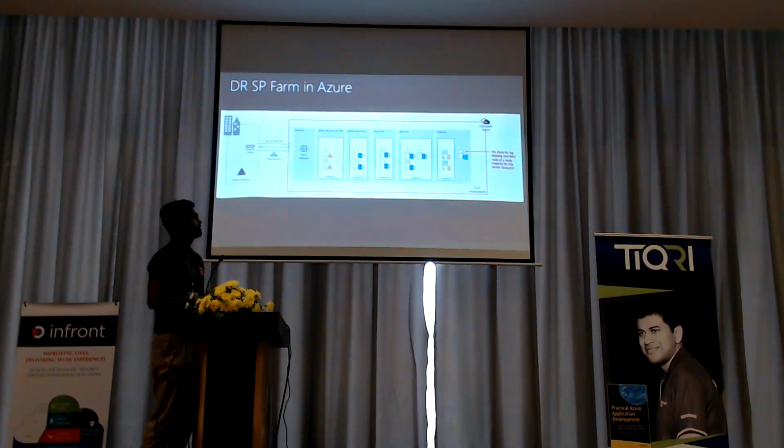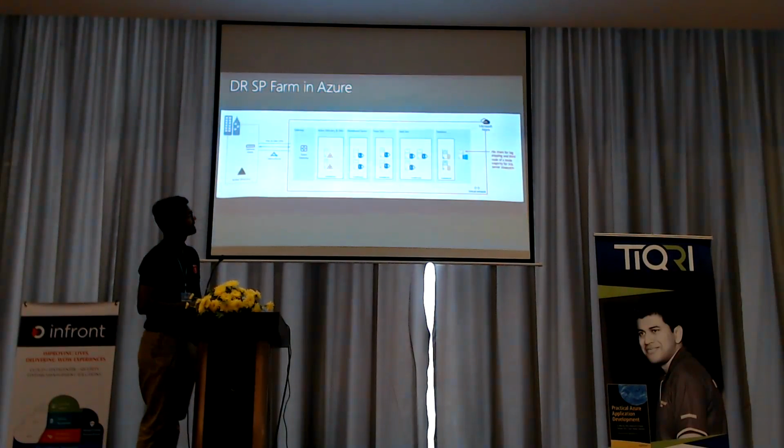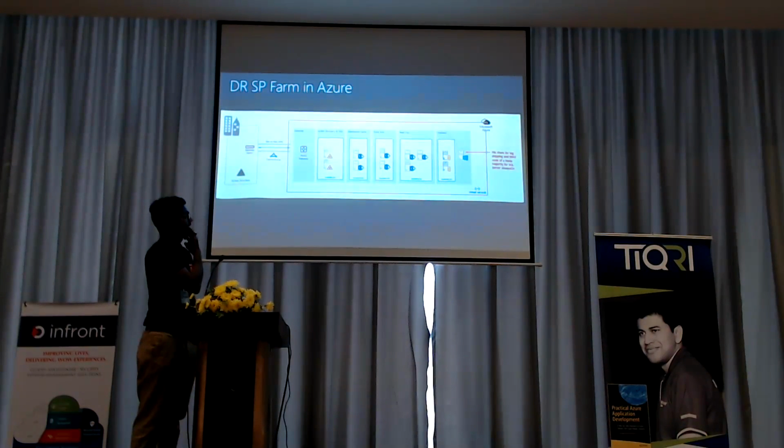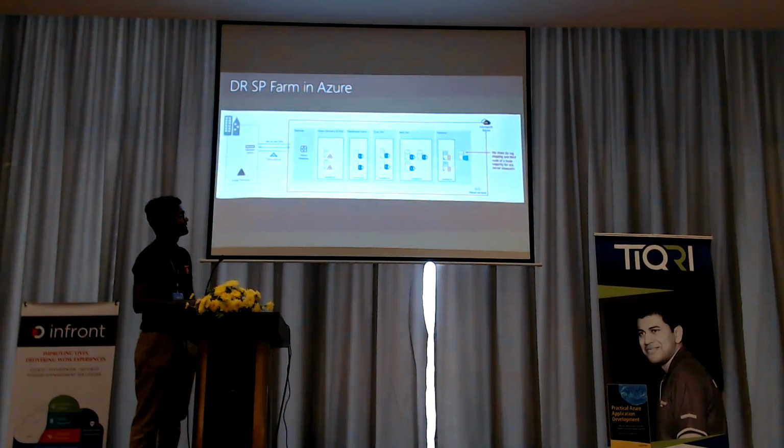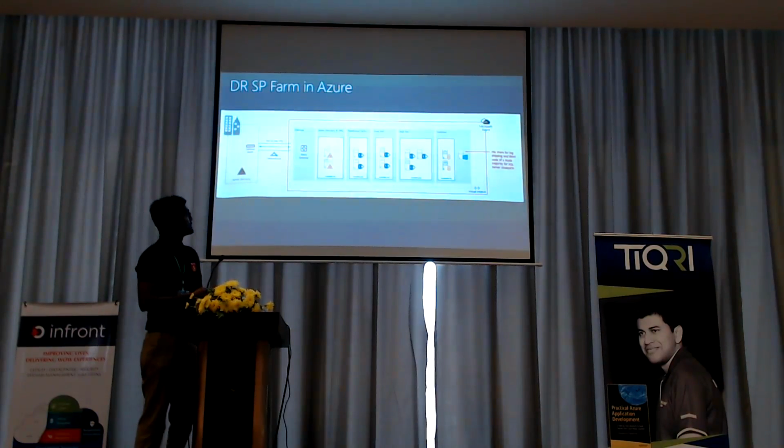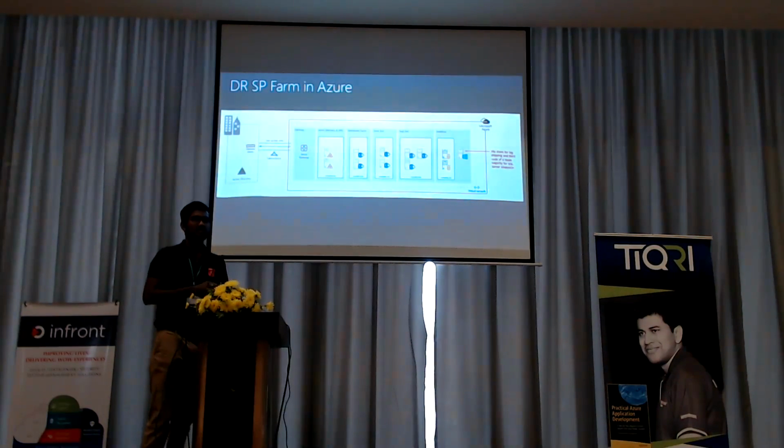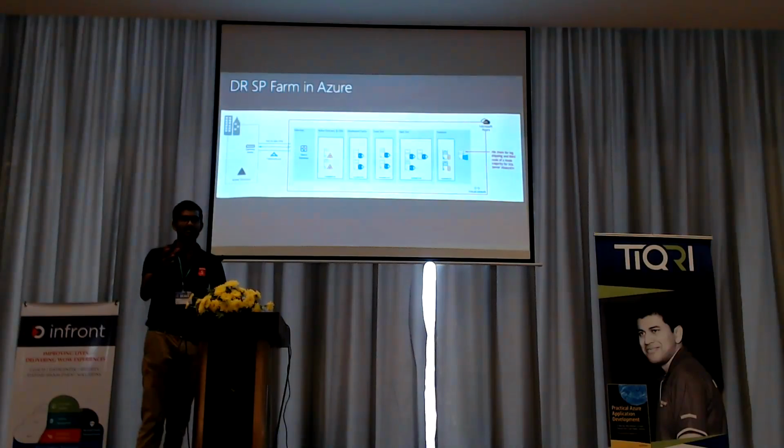So this farm is a bit comprehensive, like every role has two servers, right? WFE and app, maybe each one in Azure having two servers minimum. And that's how basically DR in Azure is possible. You don't need to have a physical DR for your enterprise scenario.